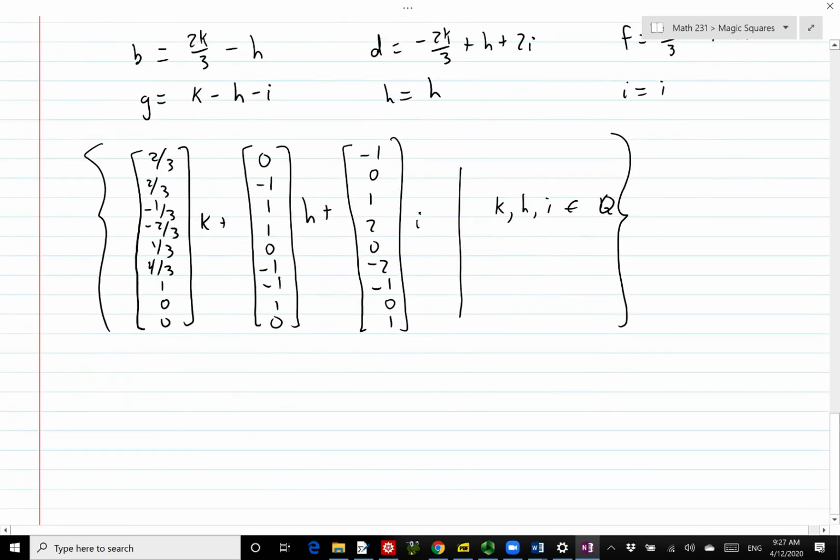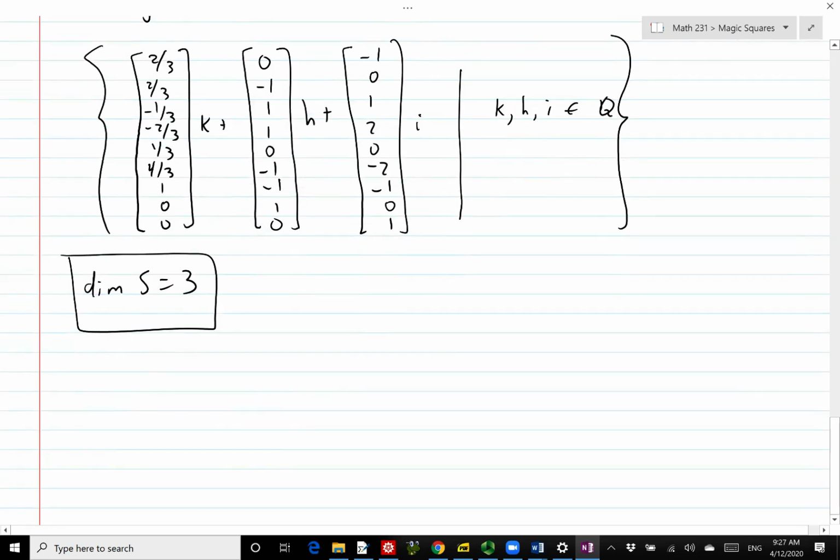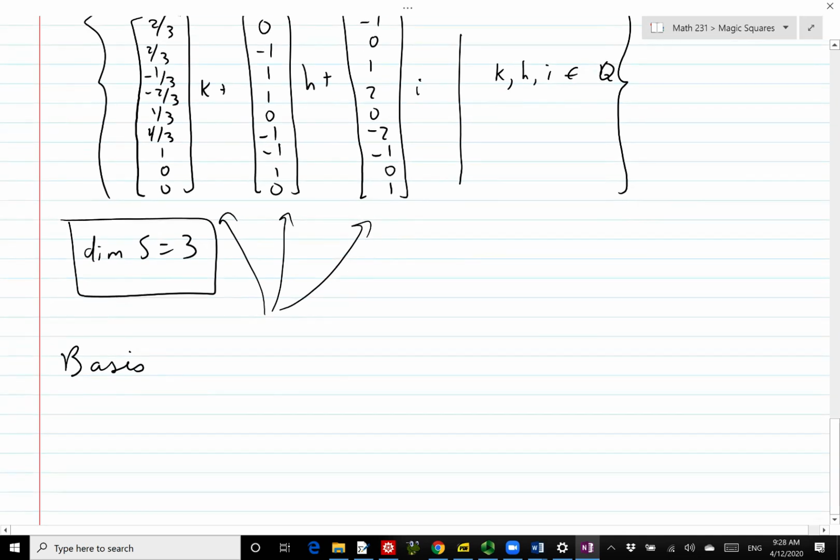So this means that the dimension of S is 3. And then if we want the basis, we just grab these vectors and we create the following nice bases. I'm going to multiply the left vector by 3 just to make it prettier, so that it's all integers.